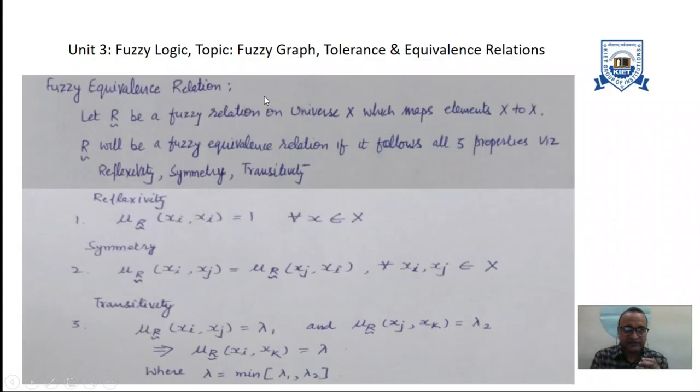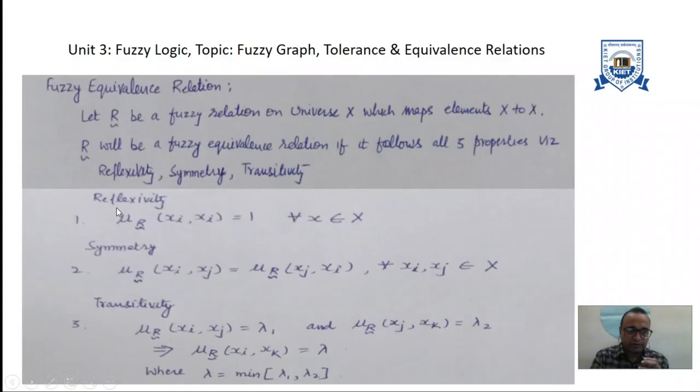Let R be a fuzzy relation on universe X, which maps element X to X. So this relation R is a fuzzy relation on the elements of the universe of discourse X, having a relationship on the same universe of discourse. Then R will be fuzzy equivalence if it follows all three properties: reflexivity, symmetry, and transitivity.